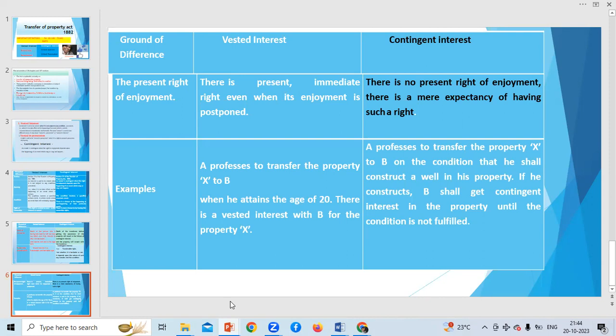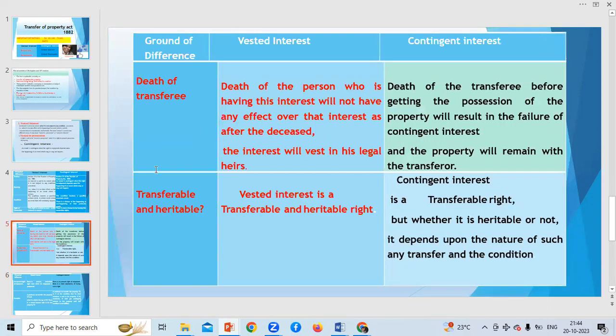And in case of the death of the transferee, B, if B dies, B's interest will pass to his legal heirs. So if he dies before he attains the age of 20, the property will go to B's legal heirs.